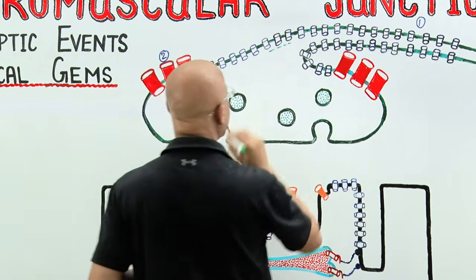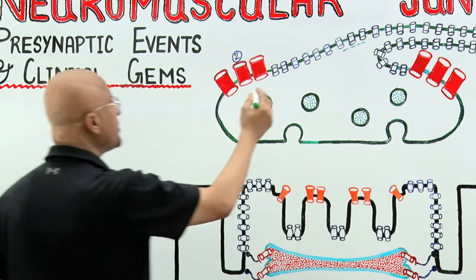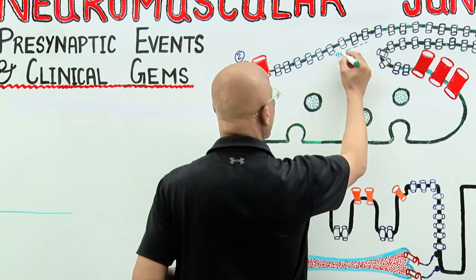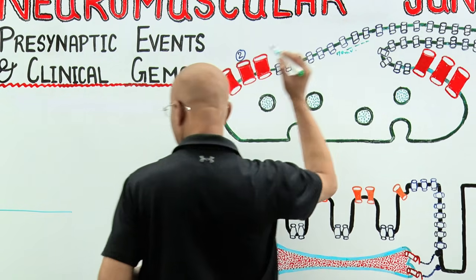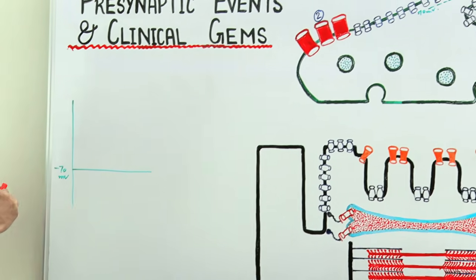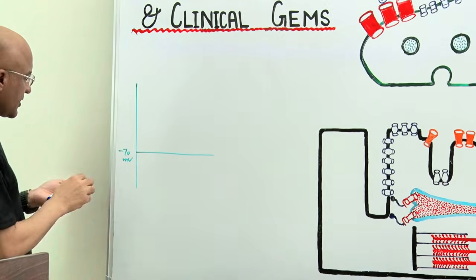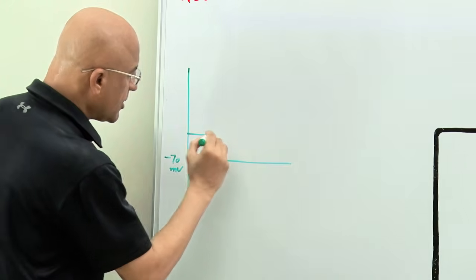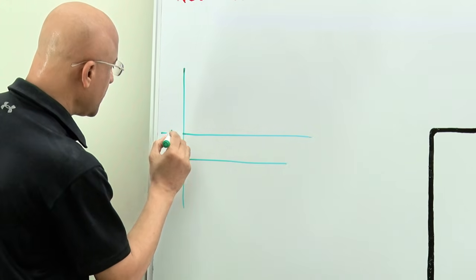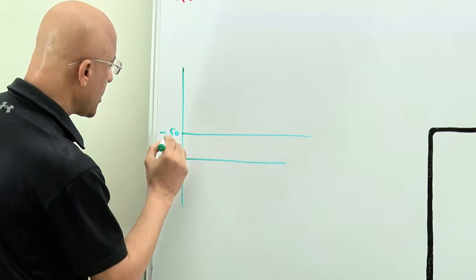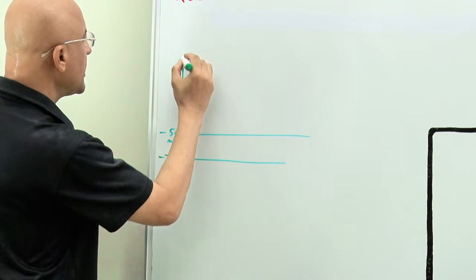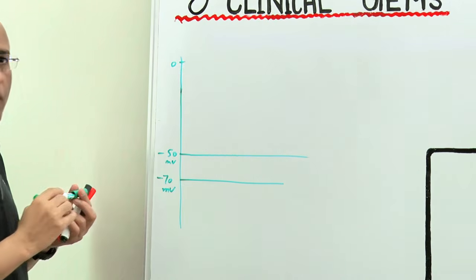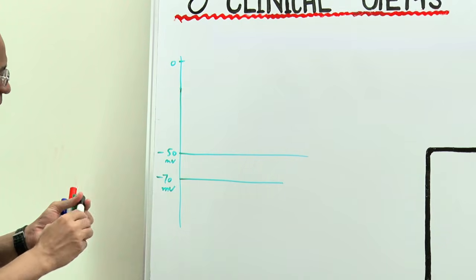When the membrane is resting, the interior of the nerve is negative, minus 70 millivolts, right? And here is the threshold potential, for example minus 50 millivolts, right?